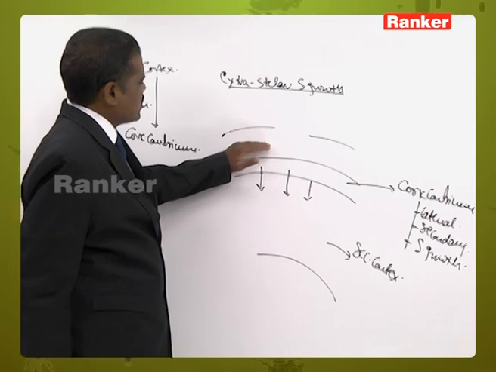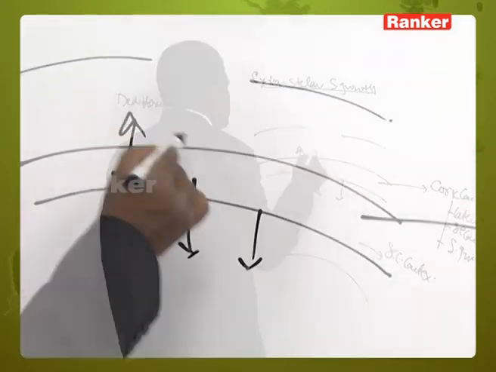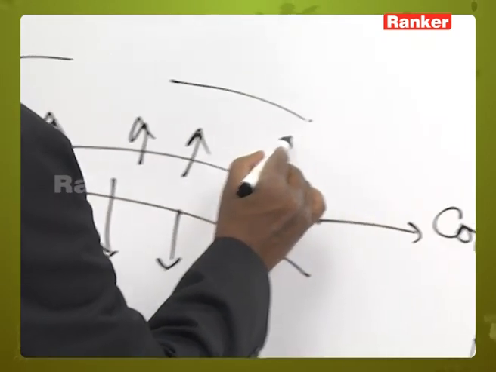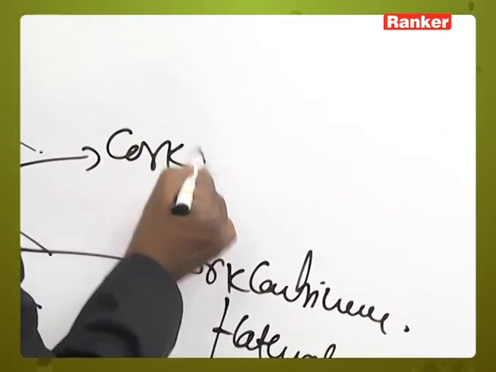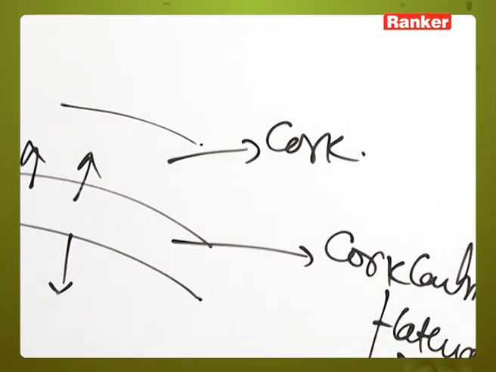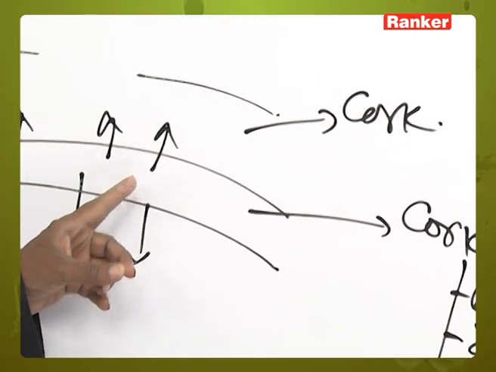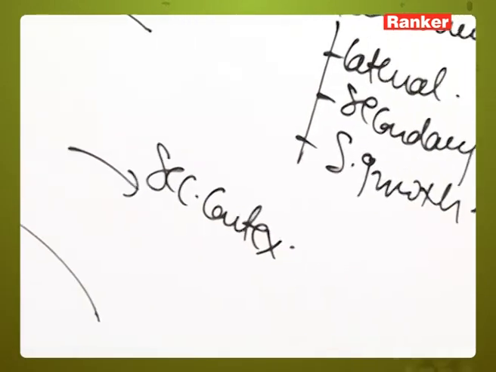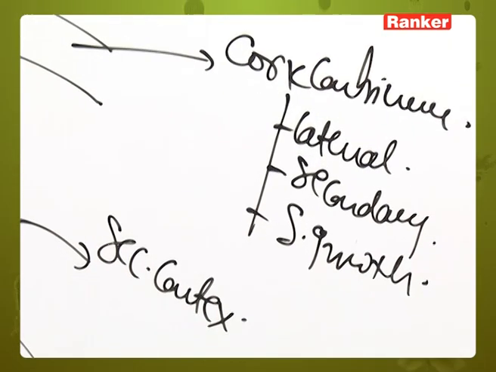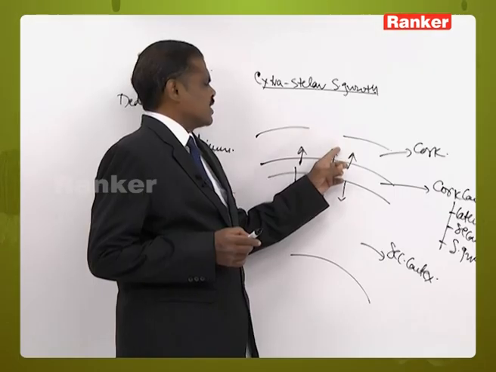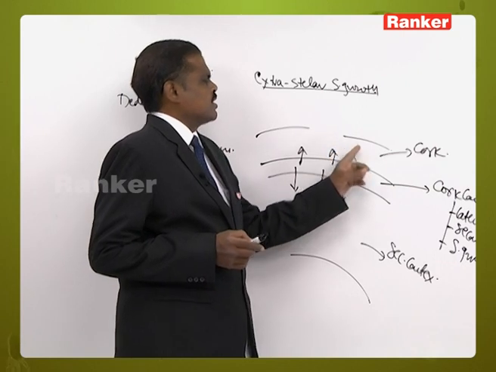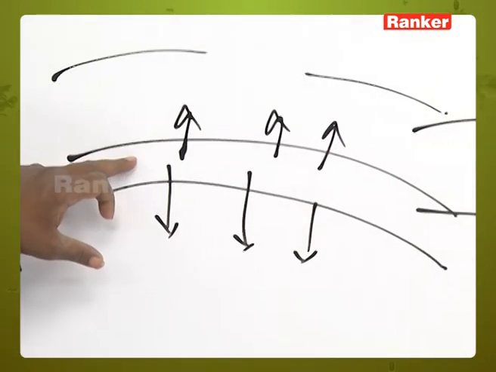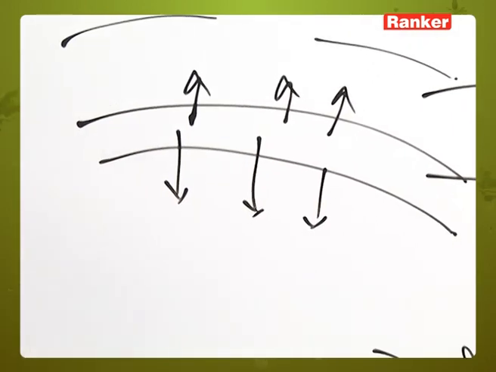The few cells produced towards the outer side are transformed into cork.